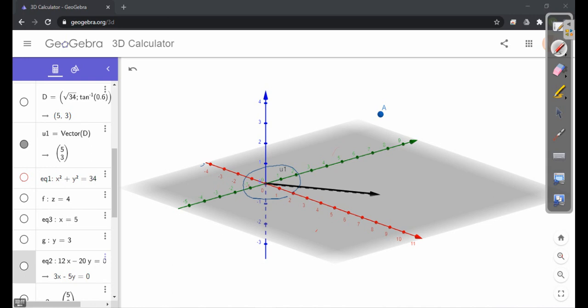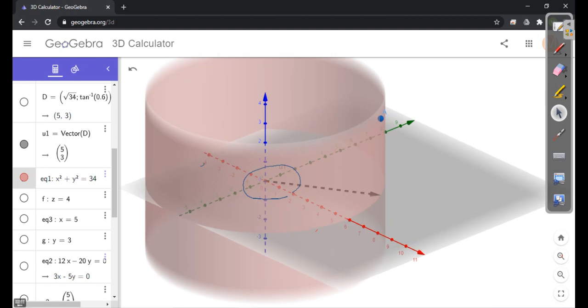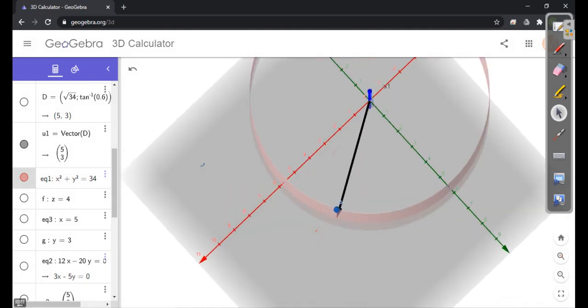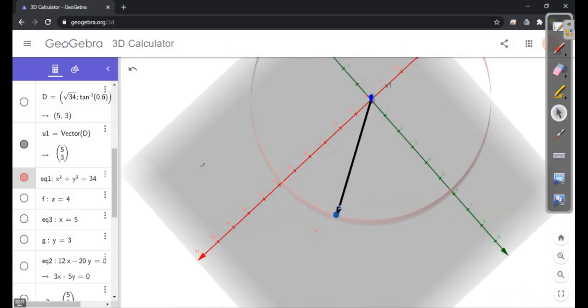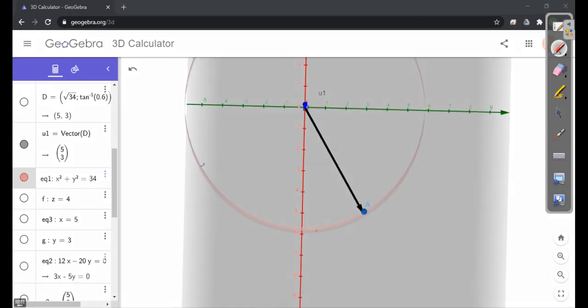The direction of the circle is always tangential to its rim. So if this is the circle, the direction of phi will be tangential to this one. So the direction of phi will go like this.